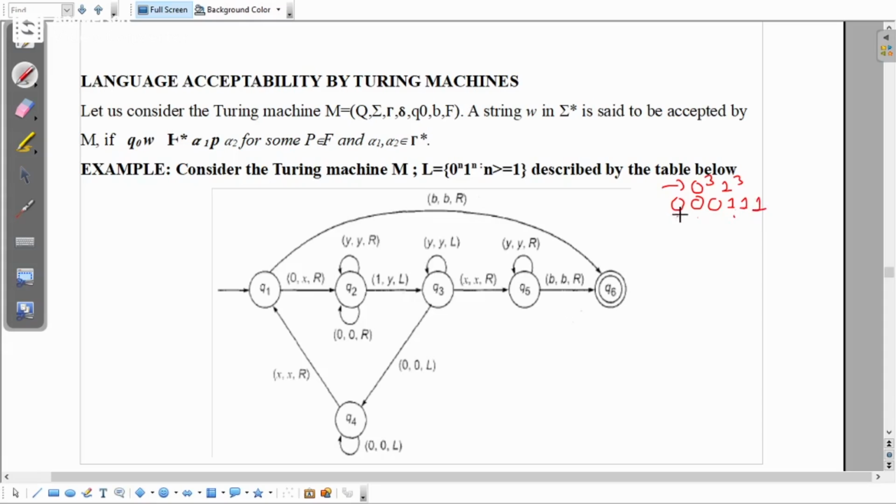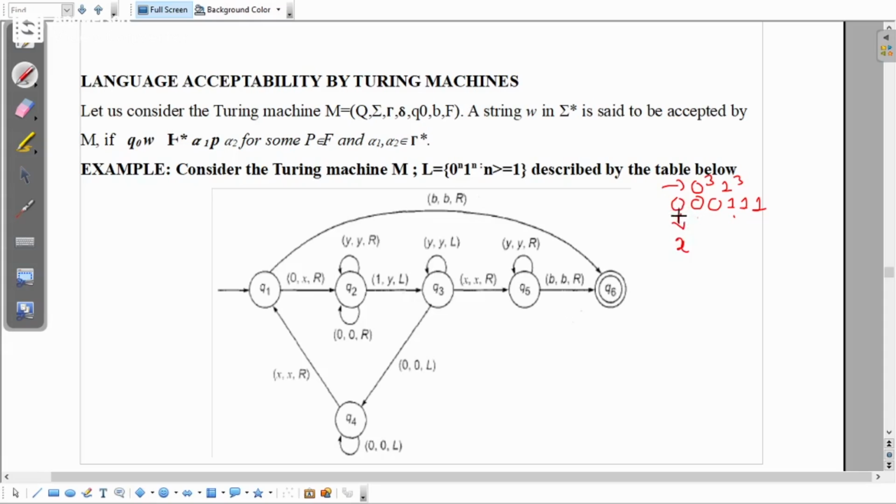Now, what I will do here is, whenever I get the first 0, I will convert it to x. This is my aim to check.